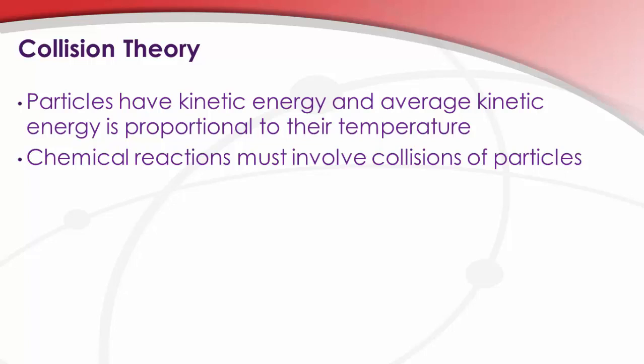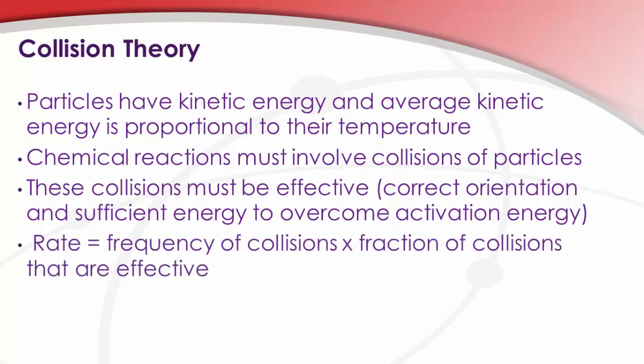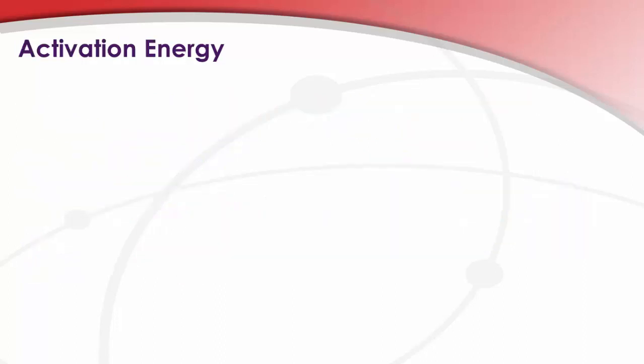Now, if we combine these ideas with the concept that collisions have to be effective before a reaction can occur, in other words, we have to have correct orientation and sufficient energy to overcome what we call activation energy, something we'll talk about in a few seconds, we get to this idea that the rate is equal to the frequency of collisions, in other words, the number of collisions per second, per minute, what have you, times the fraction of collisions that are actually effective. And this gives us a key concept to move forward.